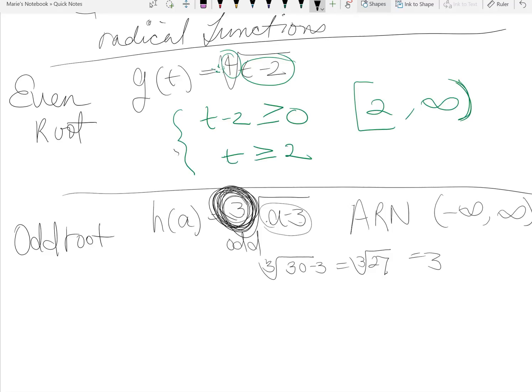And isn't that just positive 3? Okay, so what if I have the cube root of negative 24 minus 3? Then what I really have is the cube root of negative 27, which is negative 3, because it's cubic. That doesn't work if it's an even root.